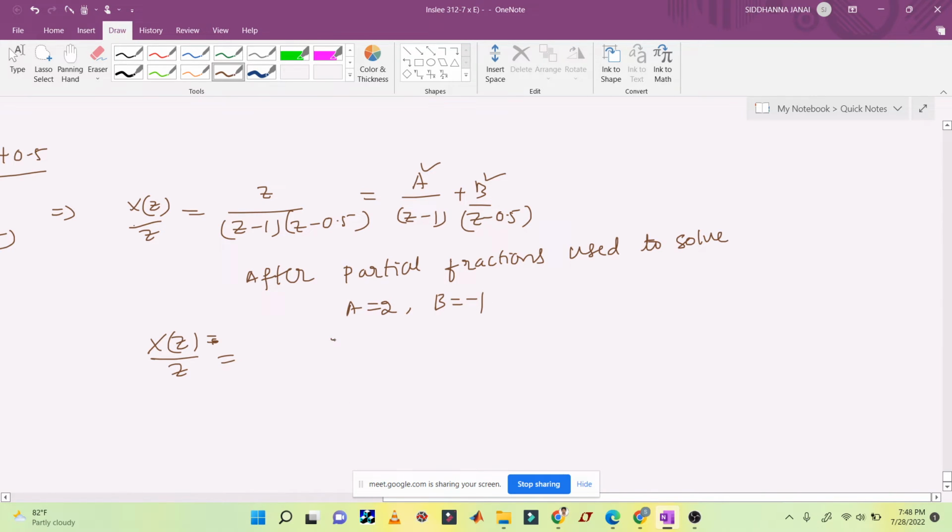So using this we can write 2 divided by z minus 1 minus 1 divided by z minus 0.5.